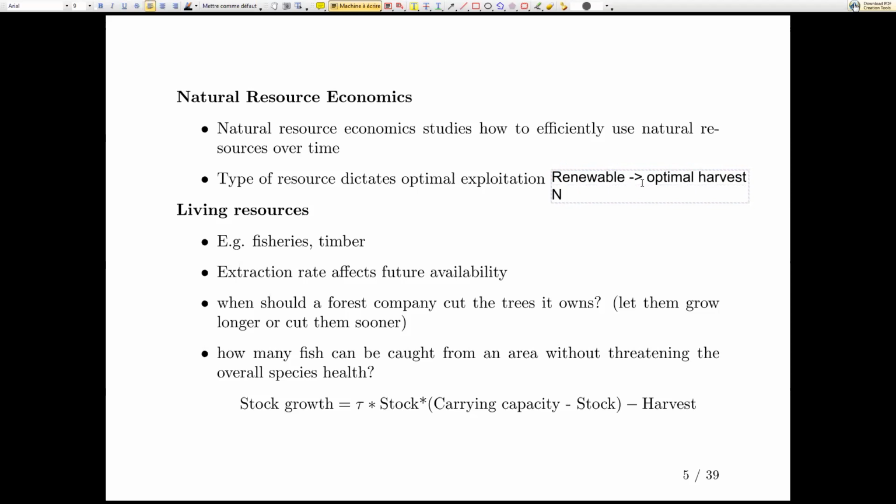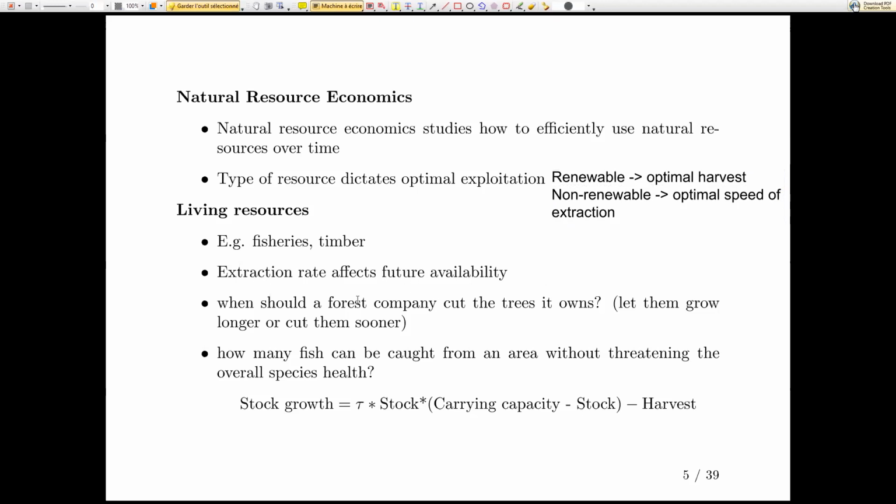So if it's non-renewable, then you care about the optimal speed of extraction. Examples of living resources: fisheries, timber.